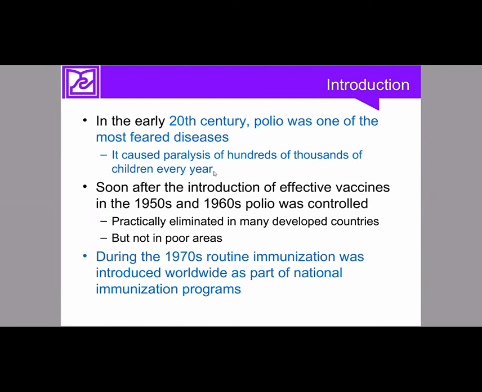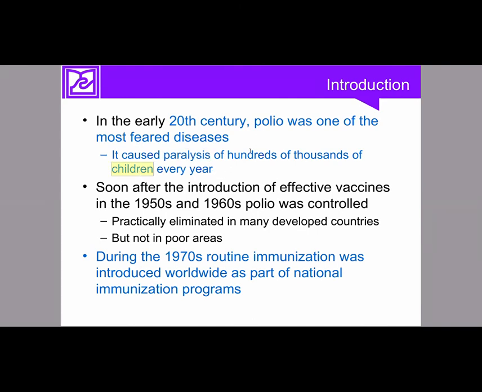You don't know because you are very young, but I have to tell you, because this is very important. When I was a child 40 years ago, poliomyelitis, polio, was one of the most feared diseases in the world. Most children became infected. Poliomyelitis was the cause of hundreds of thousands of paralysis in children every year in the world.